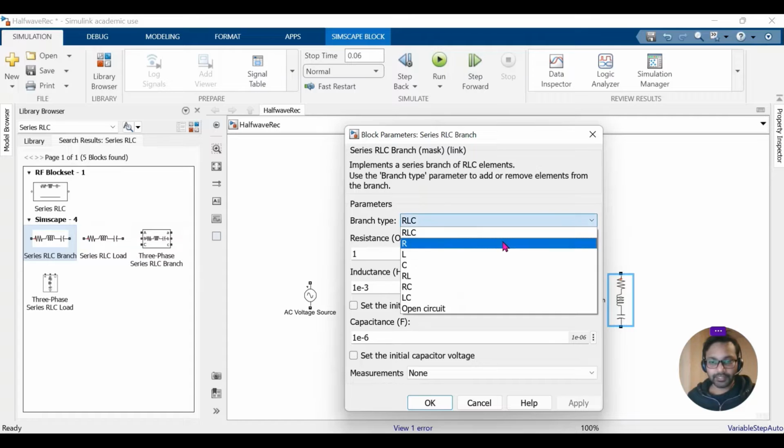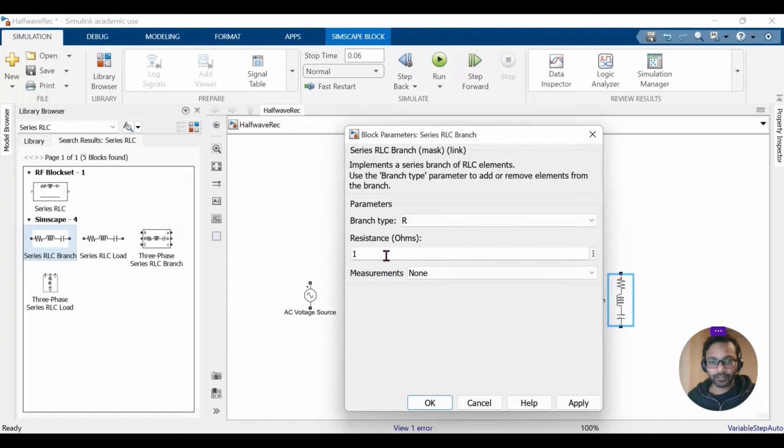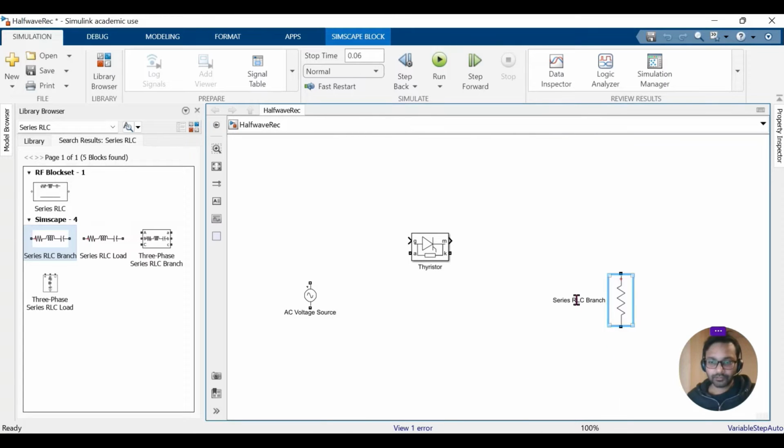Instead, I only need the resistor of 10 ohms. So I've changed it to resistor of 10 ohms. Okay, so almost all the components that I need in the circuit are there. So I can just connect them something like this.